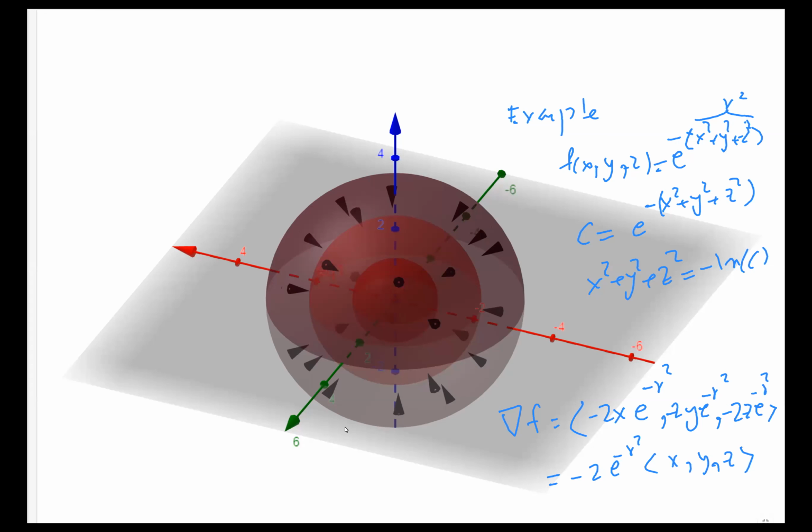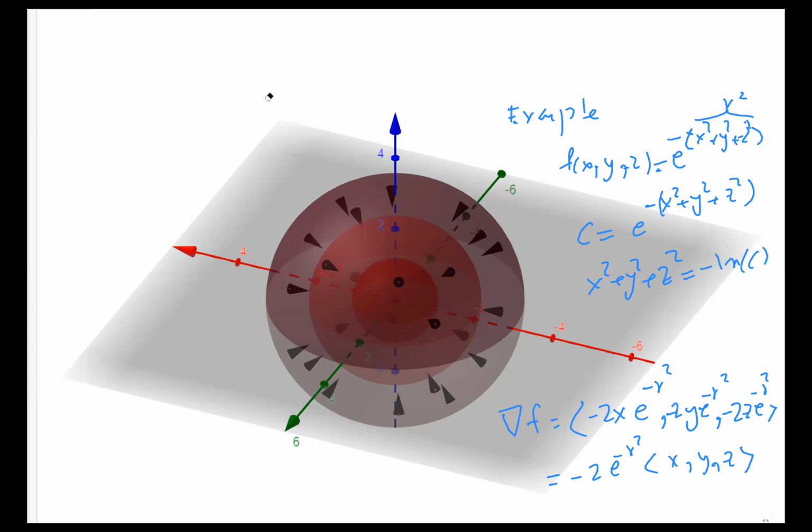Now, if the function was something where you would get level surfaces that were spheres, and the direction was radially outward, then the gradient vectors at any point would look outward. Versus here, you can see that the gradient vectors are looking inward.